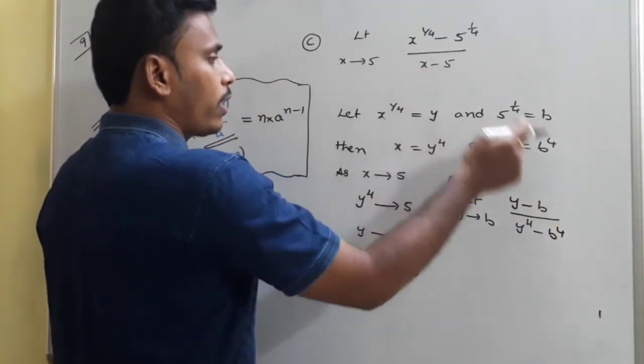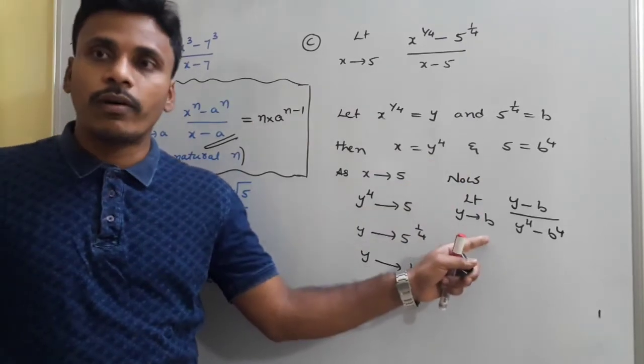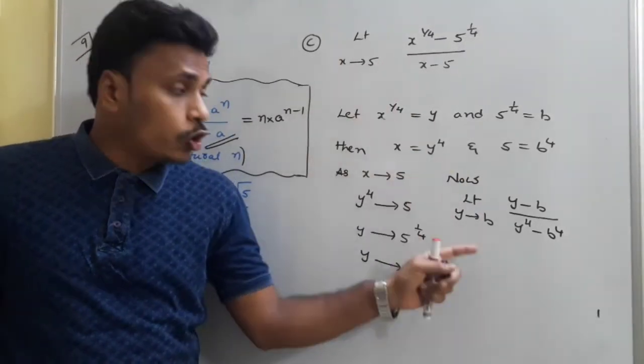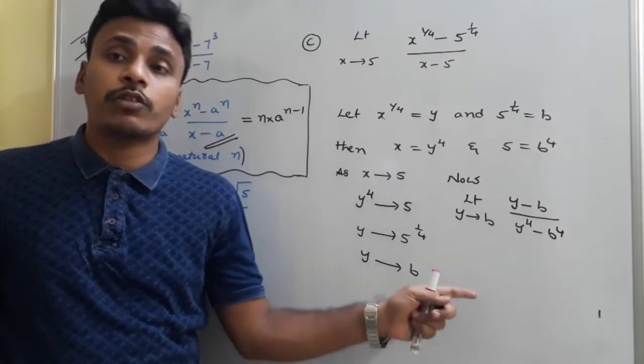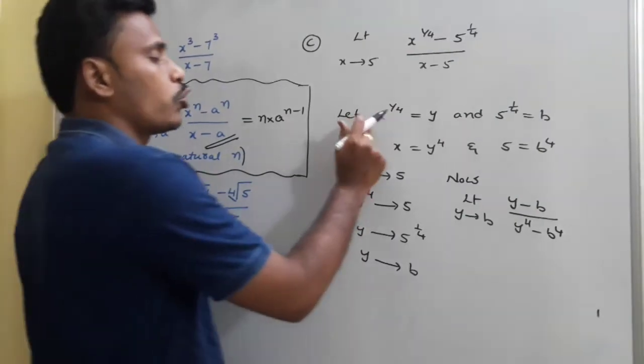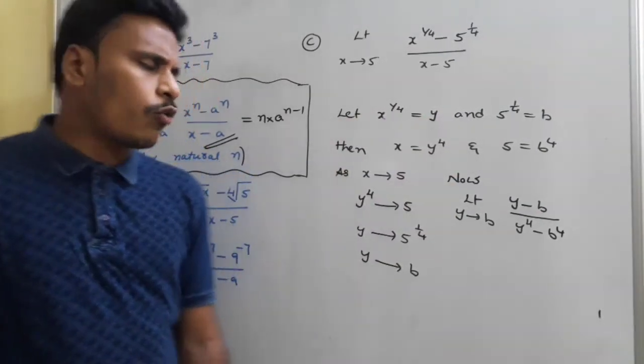The given problem is in terms of x and 5, and the newly framed problem is in terms of y and b. These two are the same with this substitution. Now we need to solve this.